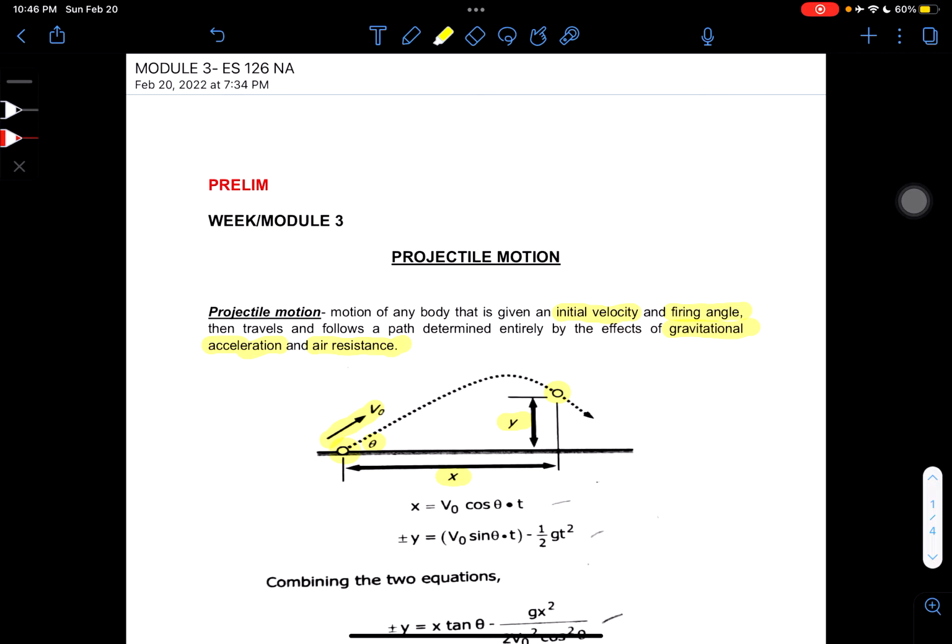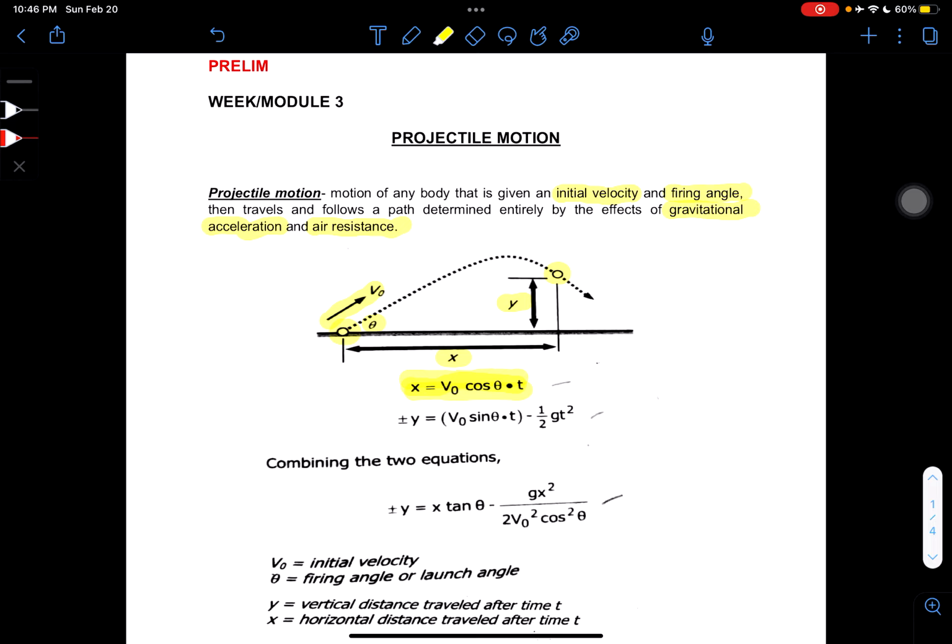So we have here our formula to solve for our x or the distance. We have x is equal to initial velocity cosine angle theta multiplied by our time of travel. So this is our formula for solving our x.